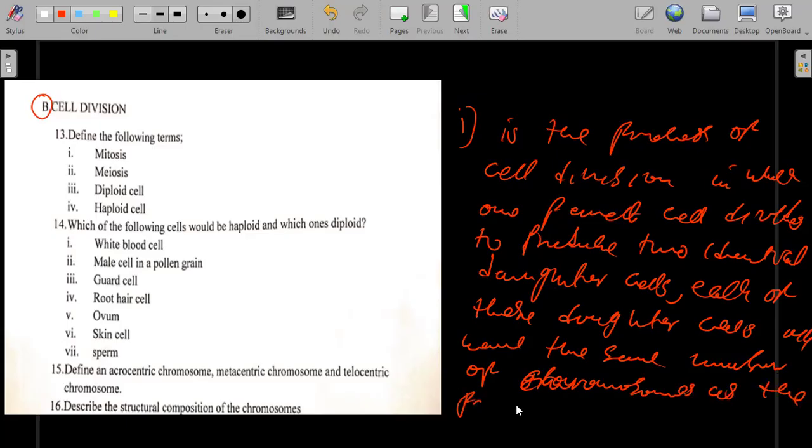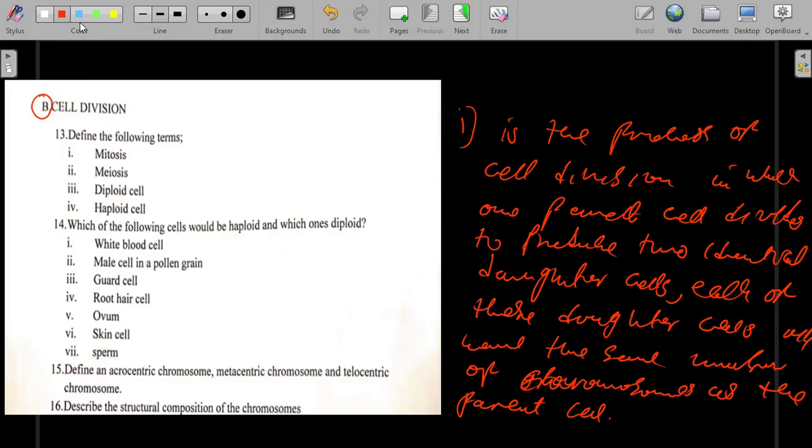Okay, so that's what mitosis is. So you have this parent cell, which is going to divide to give you two identical cells. And then those two identical cells will have the same number of chromosomes as the parent cell.